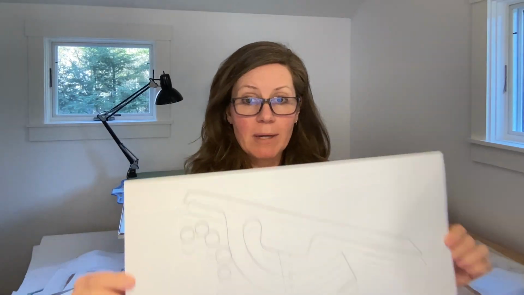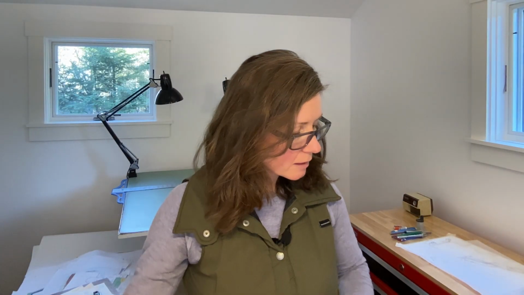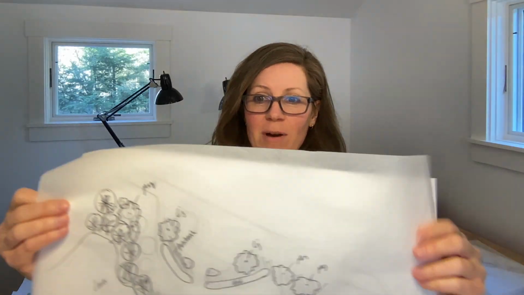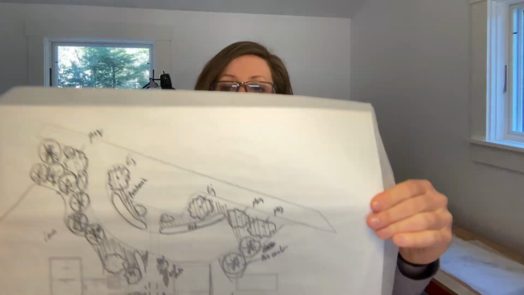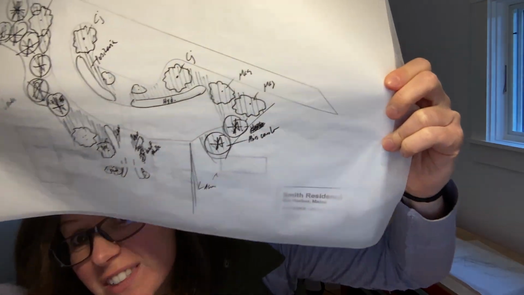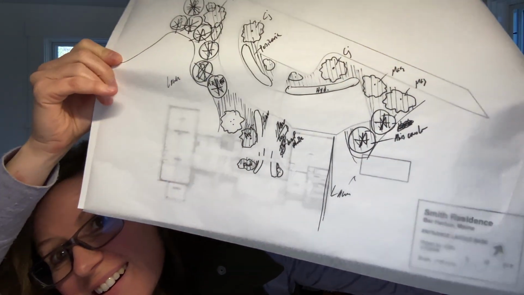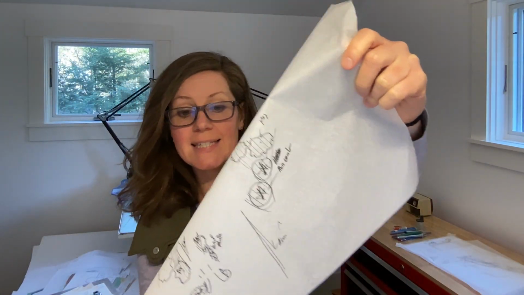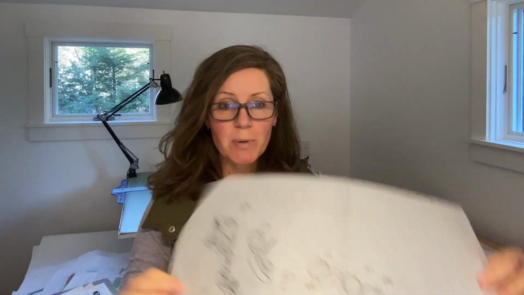I printed this out and put a clean piece of trace paper over it, and then I came out with this sketchy mess. I don't know if you can see that. Okay, and then I scanned just this trace paper, so I had a digital file of that sketchy mess.